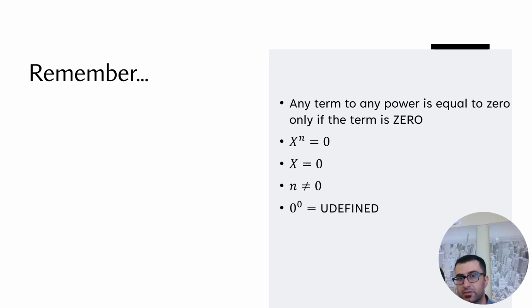In this question, this condition has been satisfied because n is equal to 3. Also remember 0 to the power of 0 is undefined in math. In this question we don't need that, but just remember. So once again, x to the power of n is 0 only if x is equal to 0.